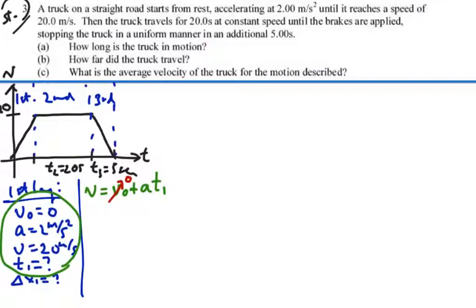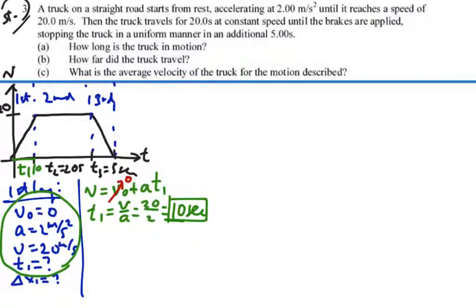And solving this for time, then we have that t1 is equal to our final velocity divided by acceleration, 20 divided by 2, or 10 seconds. So this first leg of the journey is 10 seconds, this leg right here, and so that will stop at 10 right there.